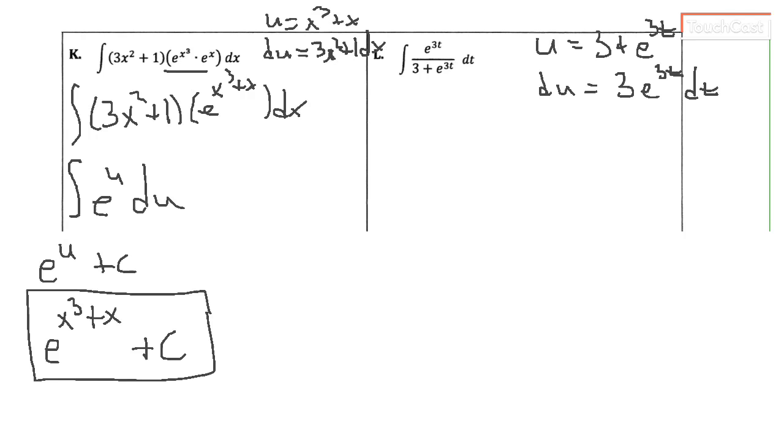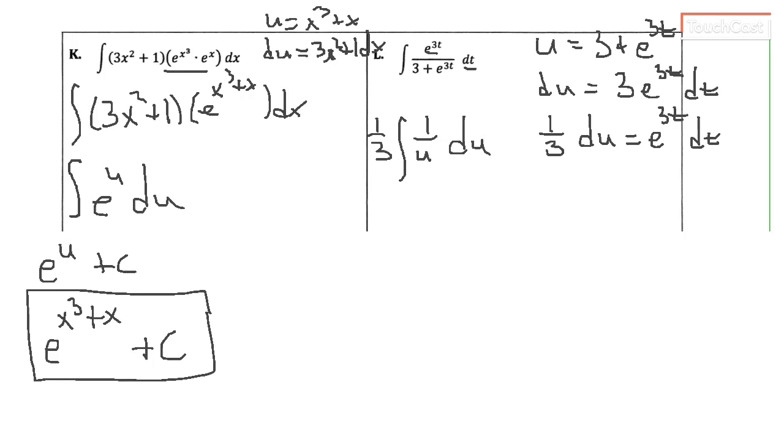What we can do now is divide by 3 and rewrite this as 1/3 du equals e to the 3t dt, and we have an e to the 3t and a dt. So now we're good. So we can rewrite this as 1/3 times the integral of 1 over u du. Now from our integration rules, when we have 1 over u, that's a pretty simple integral to do.